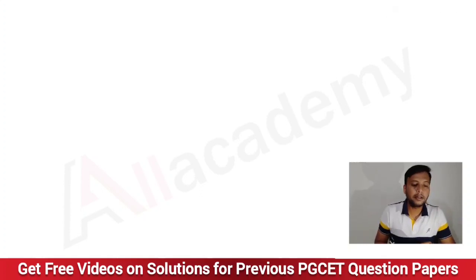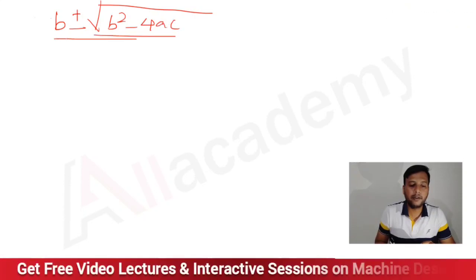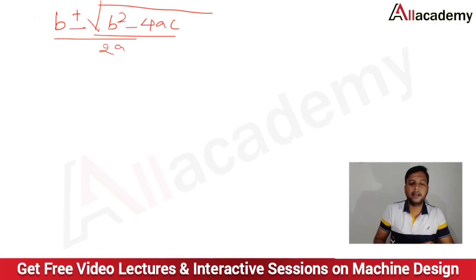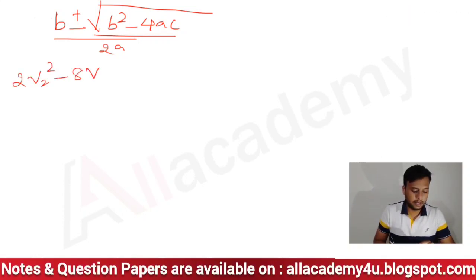The root will be equal to minus b plus or minus root of b square minus 4ac, divided by 2a. Now in this equation, what is our equation? It is 2V2 square minus 8V2 plus 2.58 equals 0.